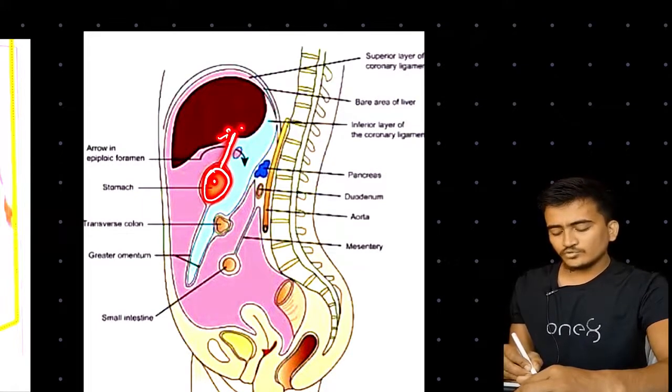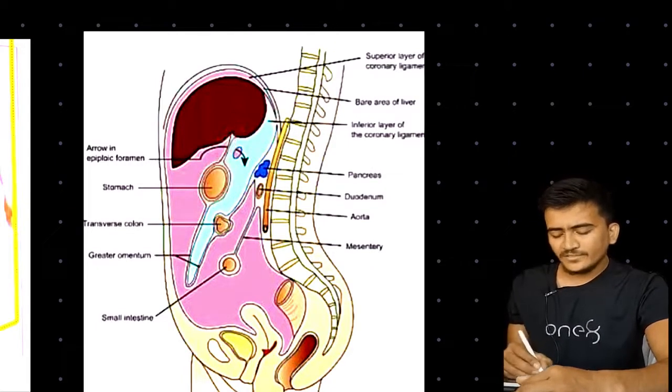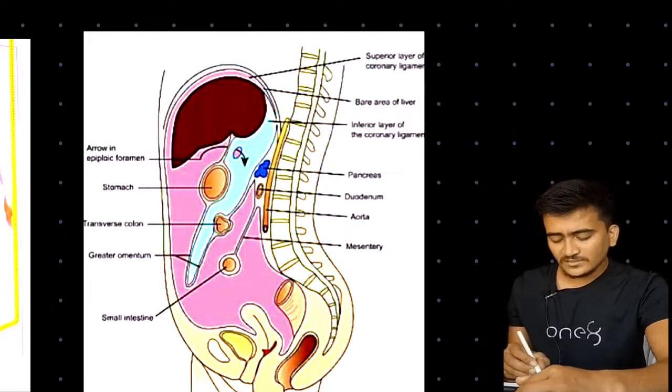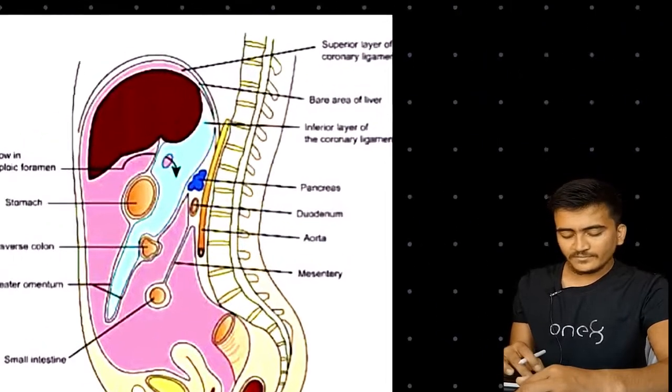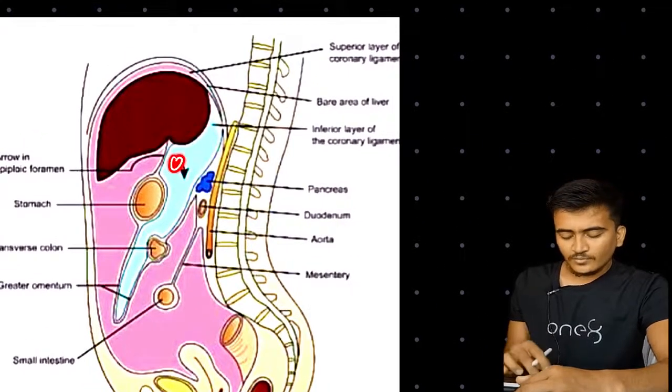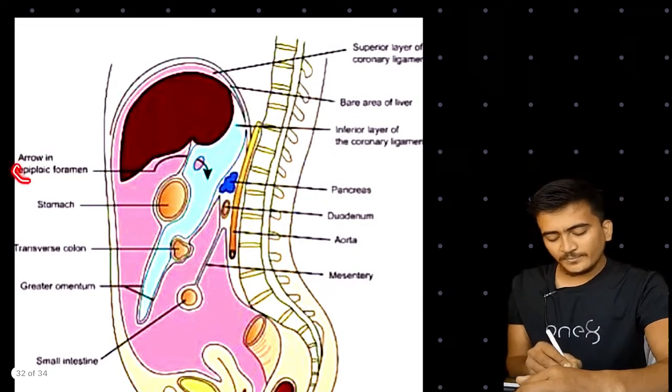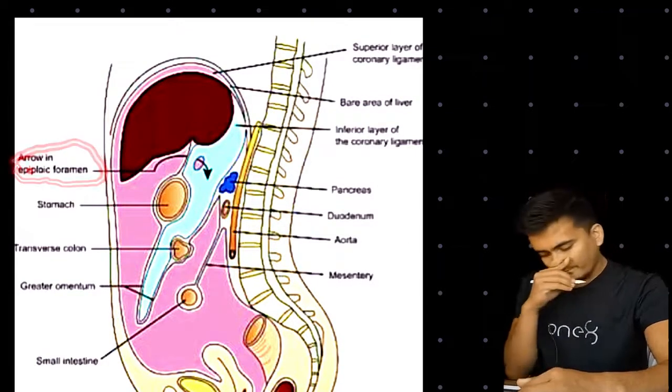The liver is connected to the lesser curvature of the stomach with the help of the lesser omentum. Right here, you can see we have this foramen. What is this foramen? This is the epiploic foramen of Winslow.